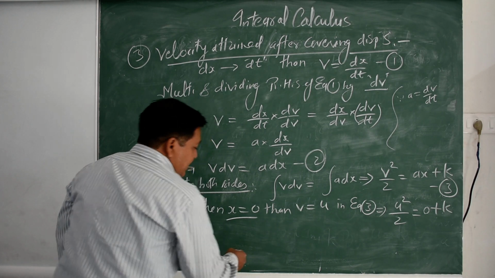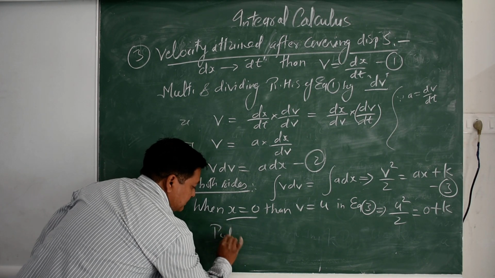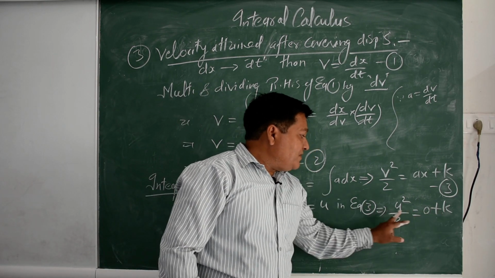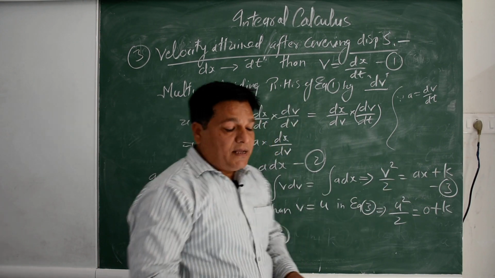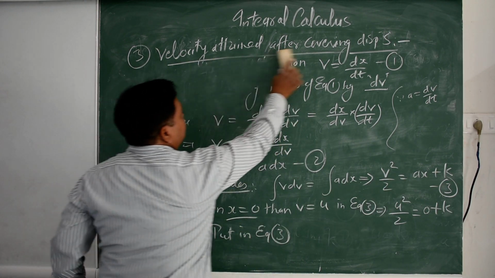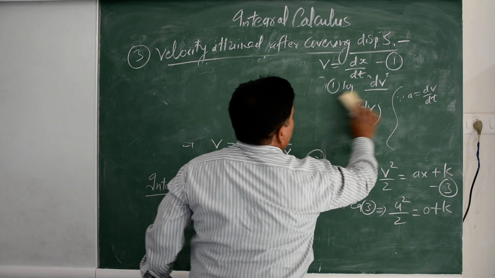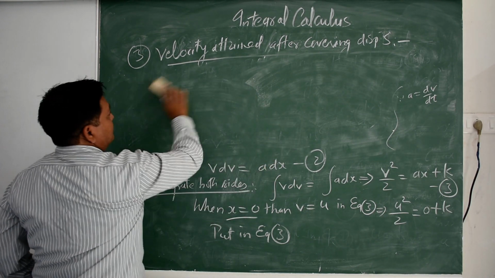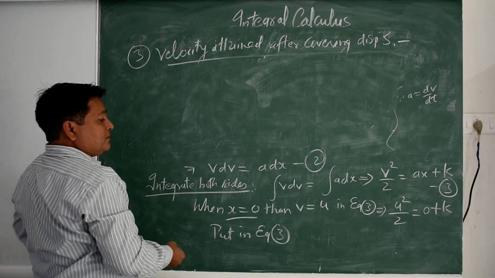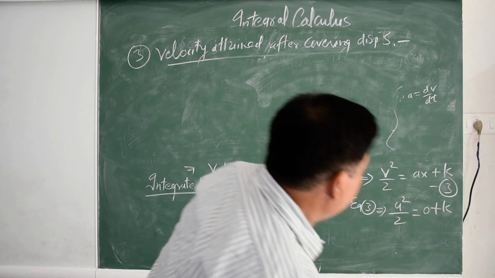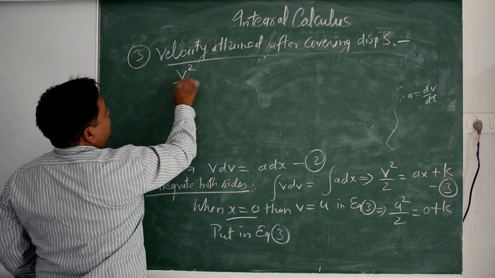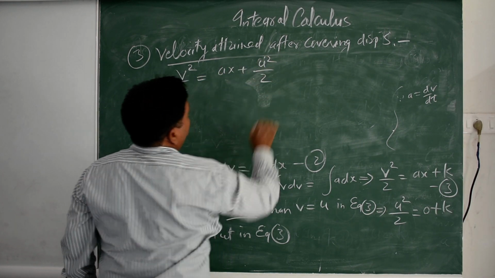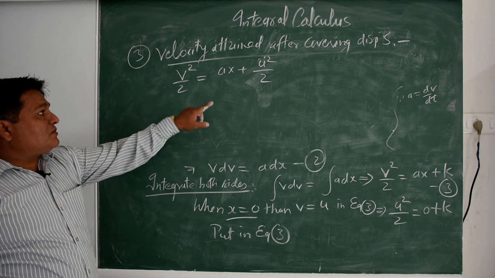Again put this value in equation number 3. When we put the value of k equal to u square by 2 in equation number 3, what do we get? v square by 2 is equal to ax plus u square by 2, since constant k is equal to u square by 2.